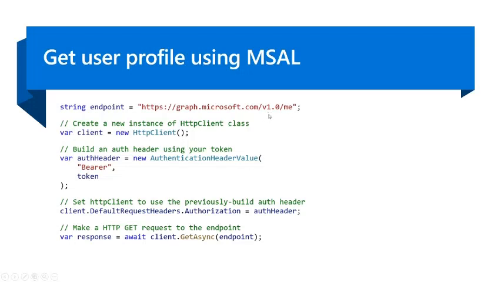So what you're doing, you simply add the bearer token which we recently acquired to the default request headers authorization, this auth header, and then we just make the request to this endpoint. So we're making a call to the Microsoft Graph API to get the user's profile. And this is a simple call like you do for other HTTP clients. It's the same call, nothing special.